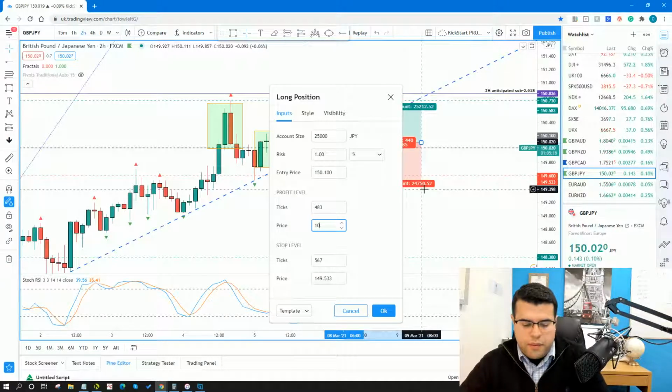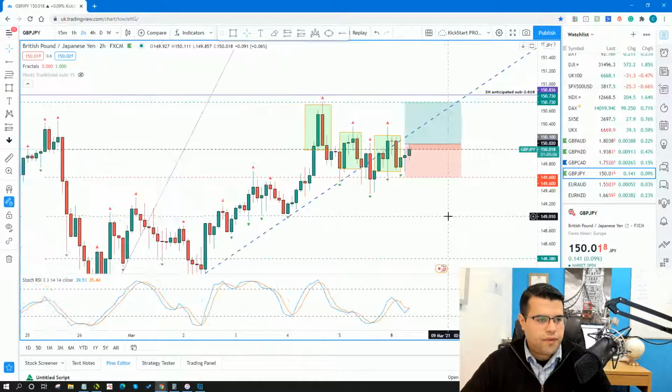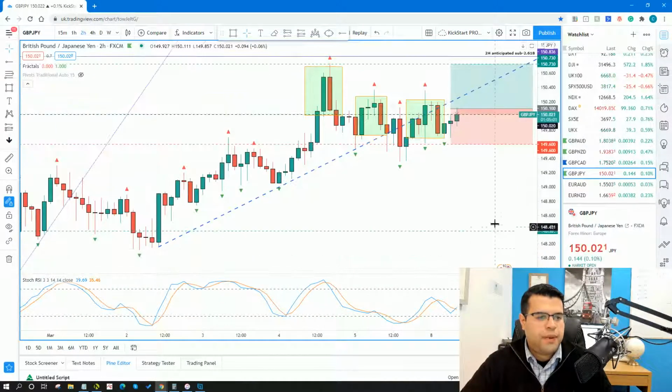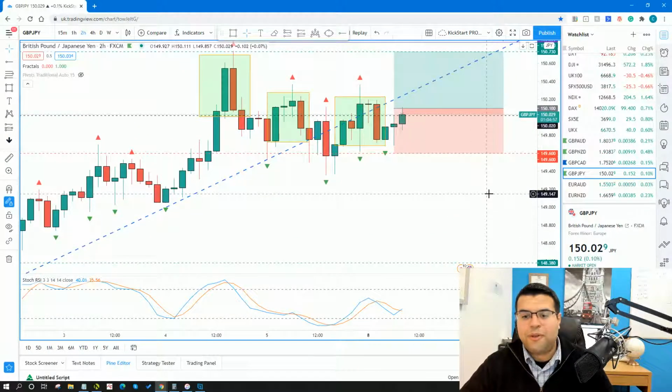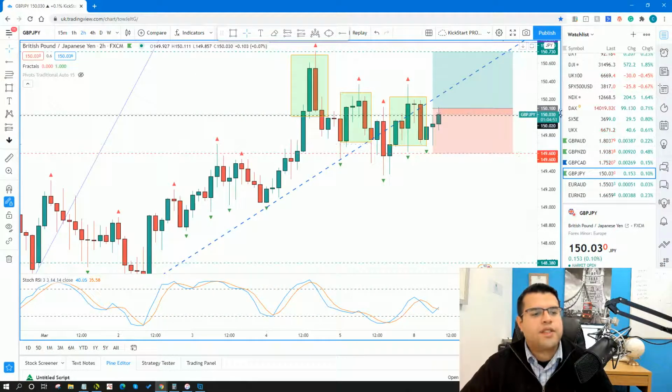No big deal, but I'm going to record it accurately here. So 150.73 is where I'm looking to target, and 149.60 is where I've got my stop loss. Okay, so as you can see, again, I am ever so slightly upside down on this. I was down 20 pips just a moment ago. I'm now only down 10 pips. So like I say, I'm not going to close this yet. I'm going to see what happens.